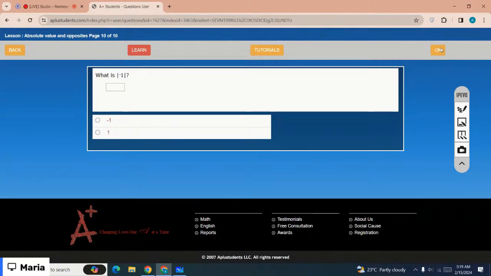What is the absolute value of negative 1? The correct option is 1. Okay, we are done with the lesson. Let's just move on to the next lesson.